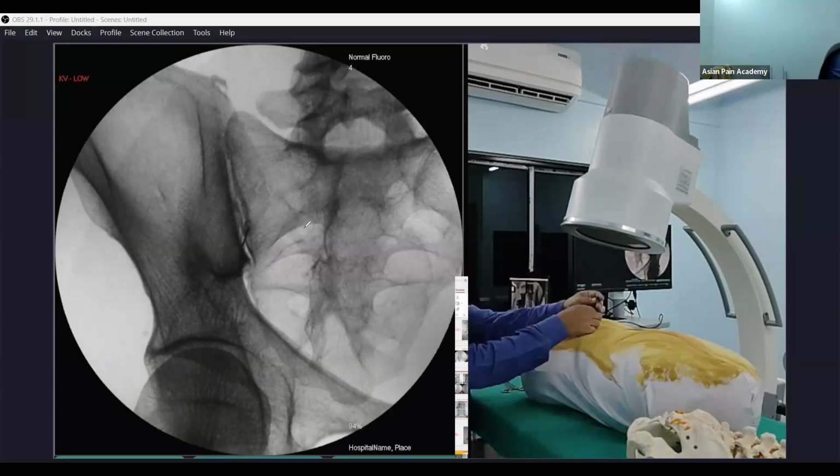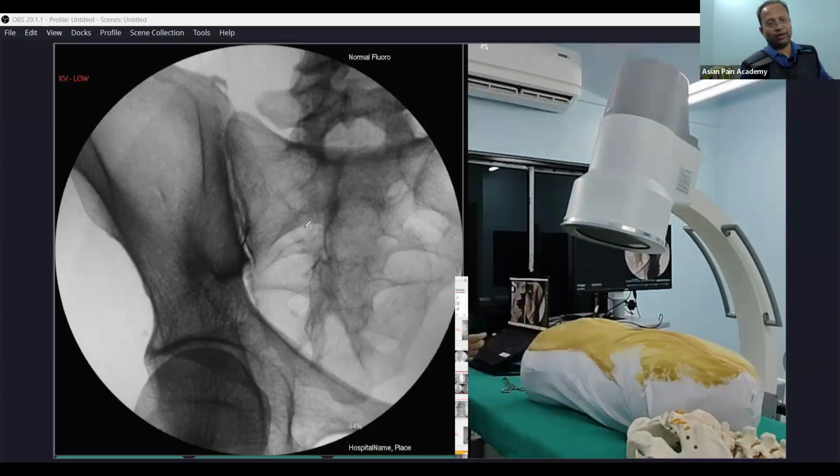Here it is difficult to palpate anything, I mean, feel anything, because it is made by human. But otherwise, so this is in the SI joint. This is the correct picture.